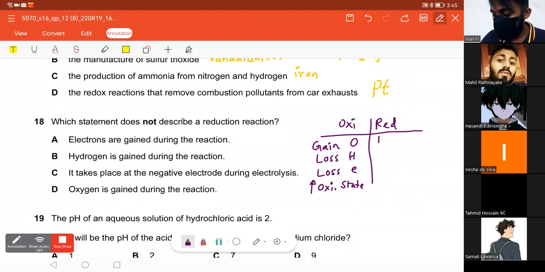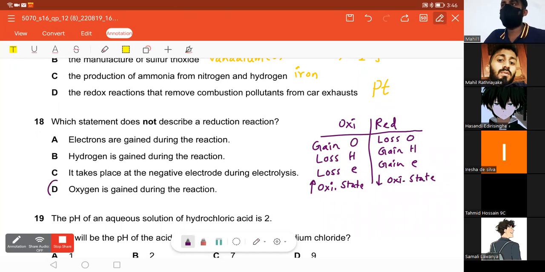Reduction: lose oxygen, gain hydrogen, gain electrons, decreasing oxidation state. Electrons are gained, yes. Hydrogen gain, yes. Oxygen gain, wrong. Oxygen should be loss.